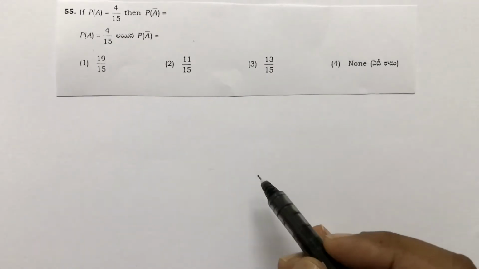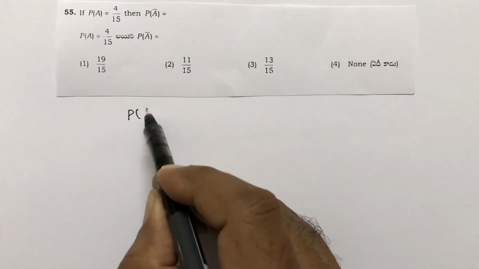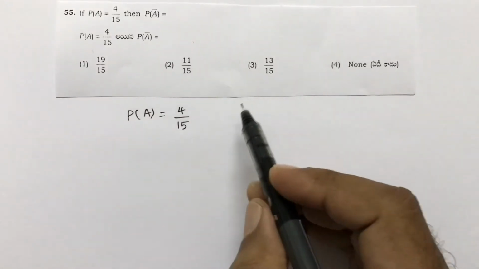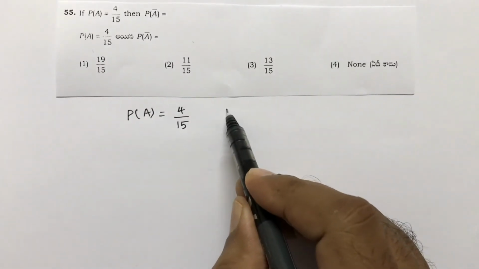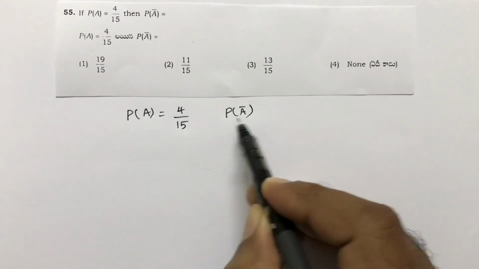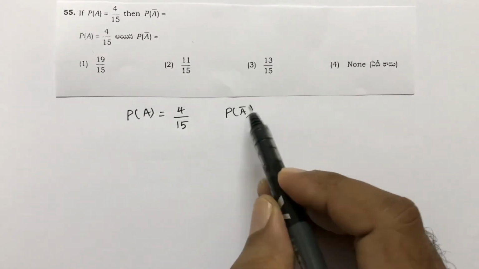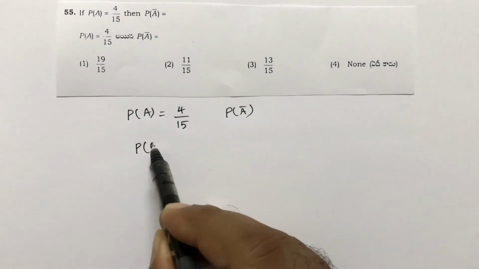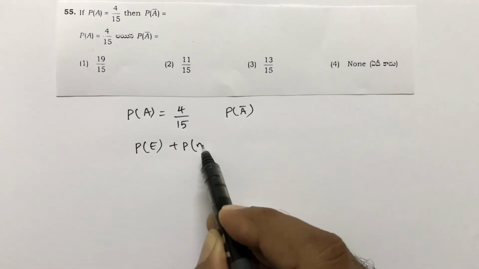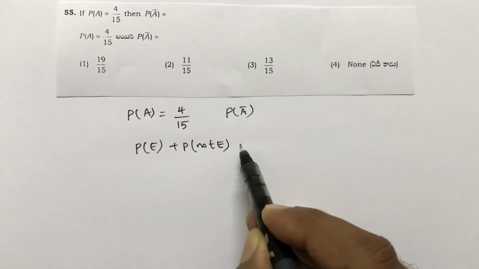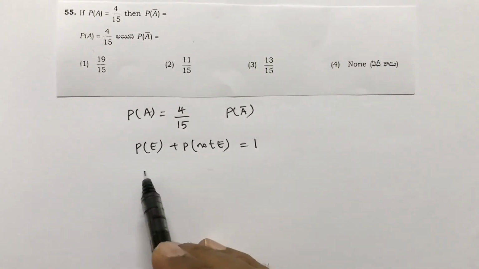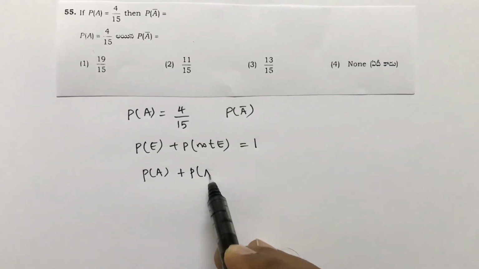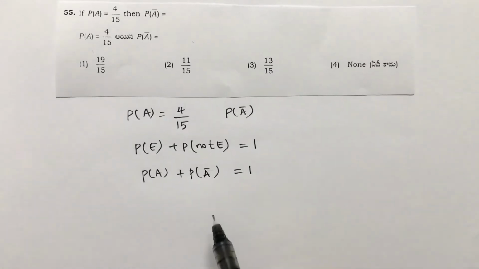Probability of A is 4 by 15, and probability of A bar, that is, not A, is the not event. So we have a formula that probability of an event plus probability of a not event is always 1. So if you apply that formula, probability of A plus probability of not A is 1.